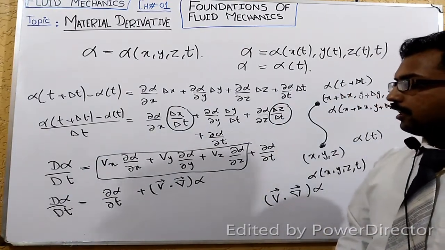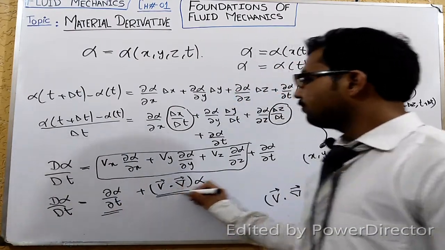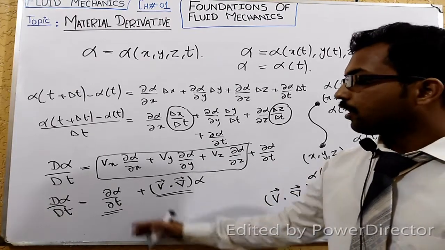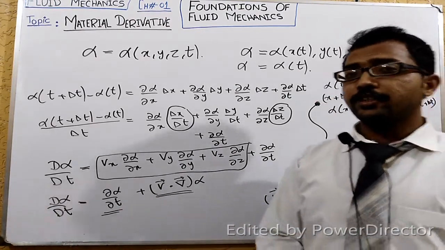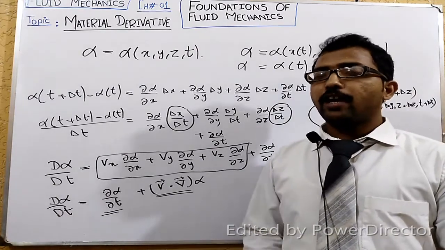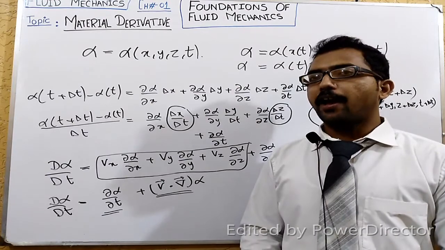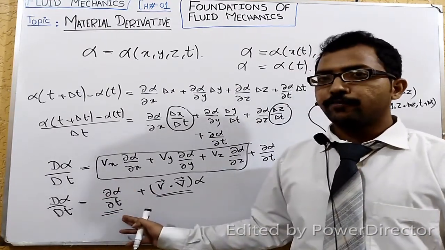Note that the Eulerian derivative has two terms. The first term is called the local derivative of alpha, and it expresses the fact that the value of alpha at a fixed point may change as a function of time. This is the reason why it is called the local derivative of alpha.